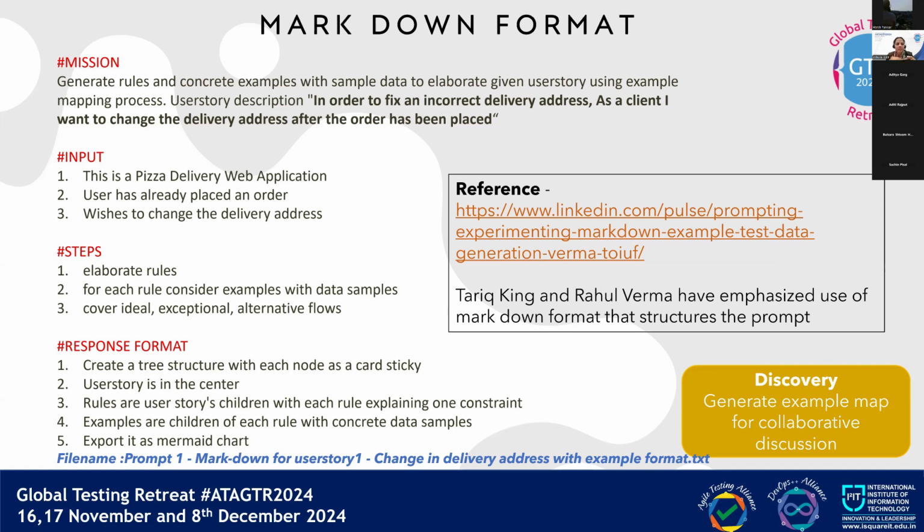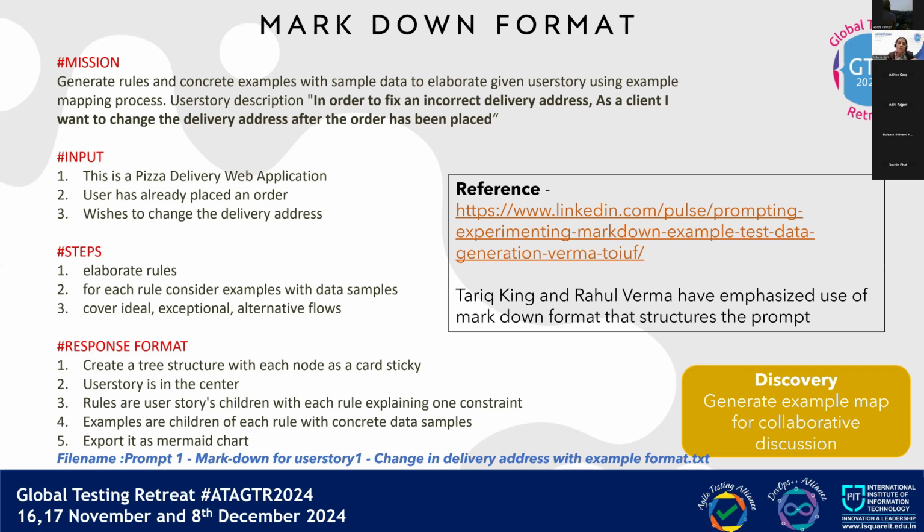In the steps, we tell the prompt engine what step-by-step action it needs to take. It's what we did when we did the example mapping, right? On the Excalidraw, you elaborated the rules, and then for every rule, you got the examples. And in every example, you had put some data samples.